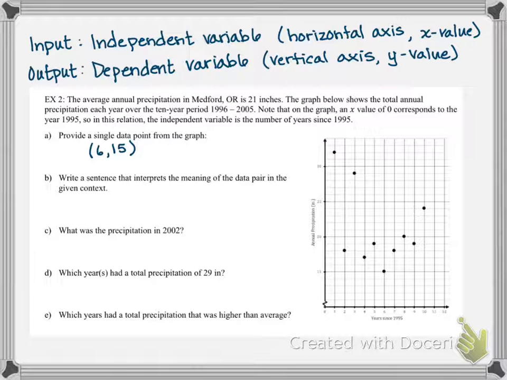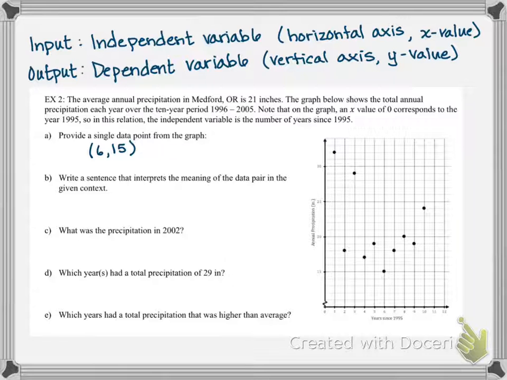So for practical purposes, we often just start measuring our input at a value that makes sense, like when we actually started measuring the precipitation. And so an X value of 0 is going to correspond to the year 1995. It's similar to what we did on Friday, where we said that X was the number of years over 40, so that we didn't have all those X values that didn't even apply to the situation.